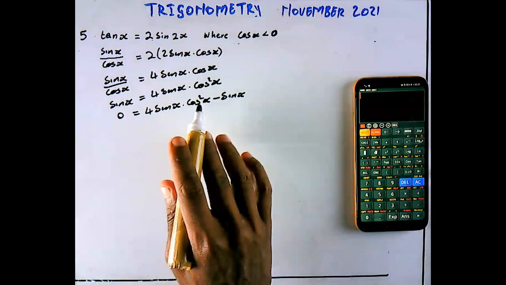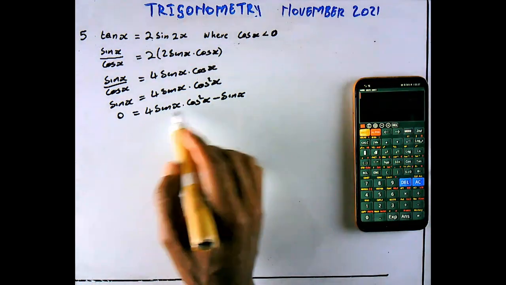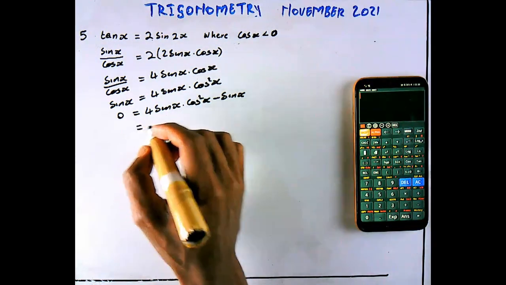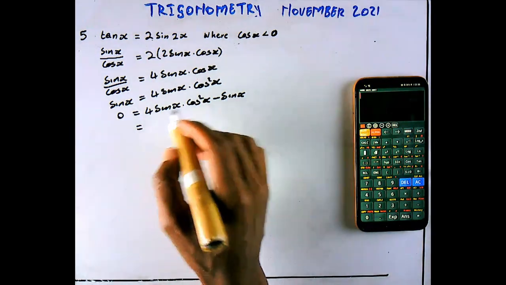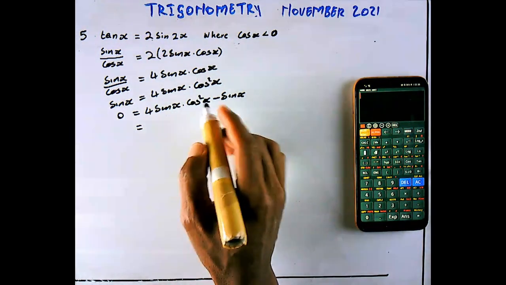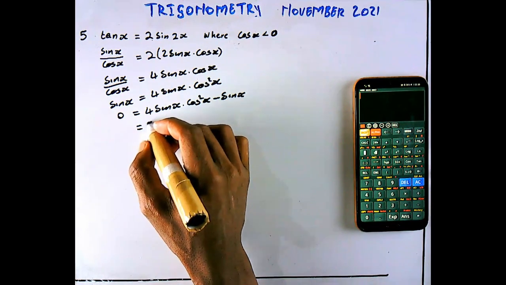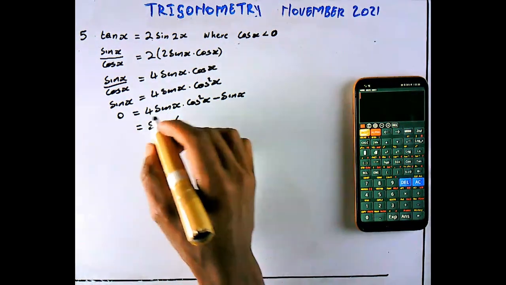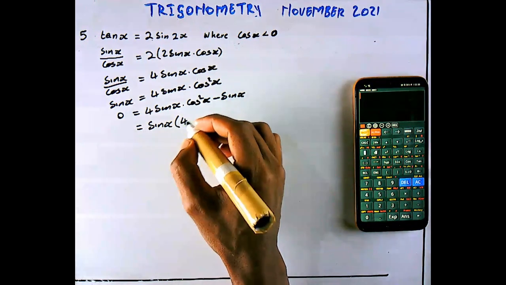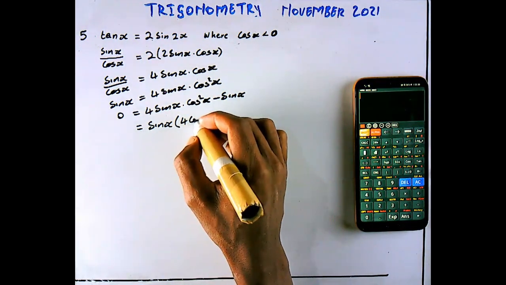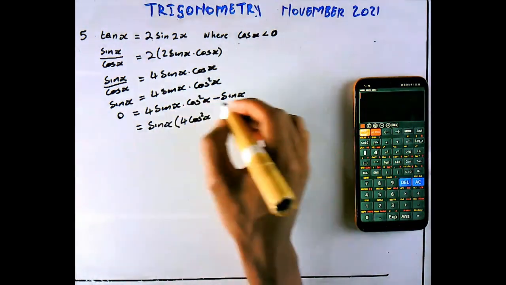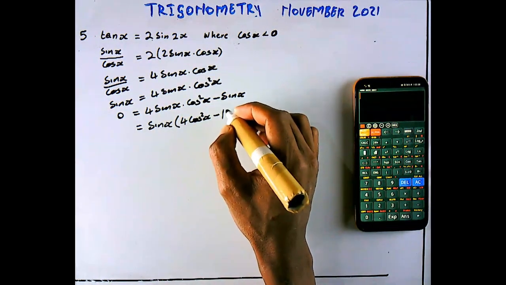Then here we can factorize this one by pulling out the common factor. Our common factor is sine x, which is common in both terms. So you can say sine x times, then here we're going to be left with 4 cos squared x. This side we're going to divide by sine x, we're left with 1.